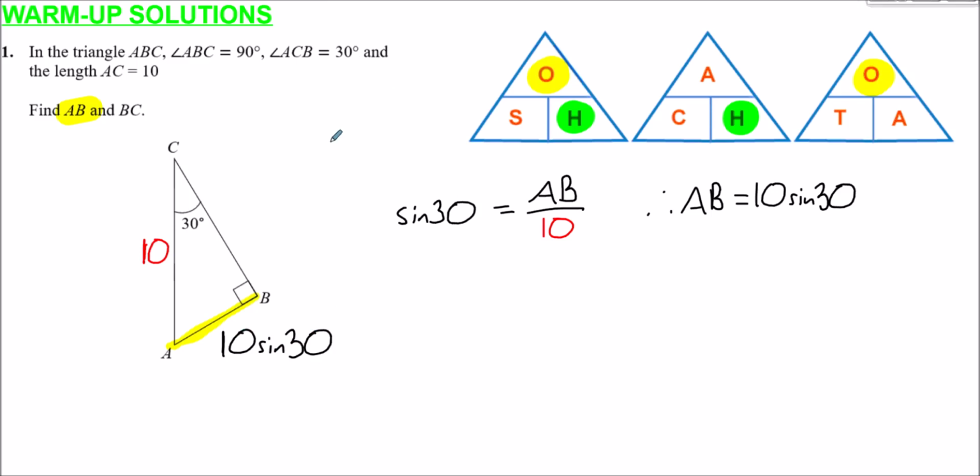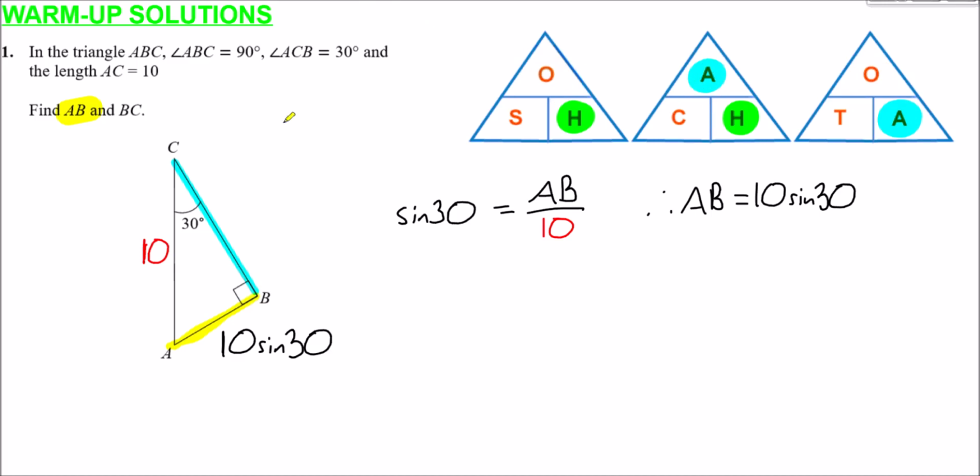So if we wanted to find instead CB, now CB is the adjacent side. So we're no longer interested in the opposite, we want to find now the adjacent. If we were to highlight the A for adjacent, we'd see that the cosine triangle gives us most information.